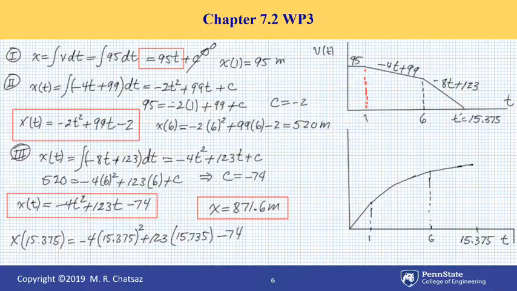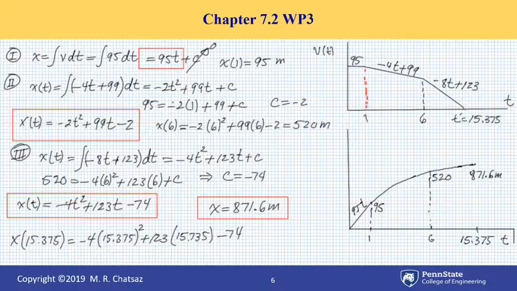At t equal to 1, we have 95. At t equal to 6, if I plug 6 in the second equation for position, I have a value of 520 meters, and for the time of 15.375, if I plug it in the third equation, I have 871.6 meters. So these are the three corresponding equations.